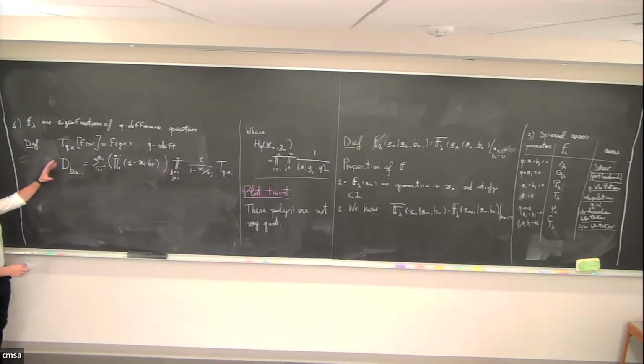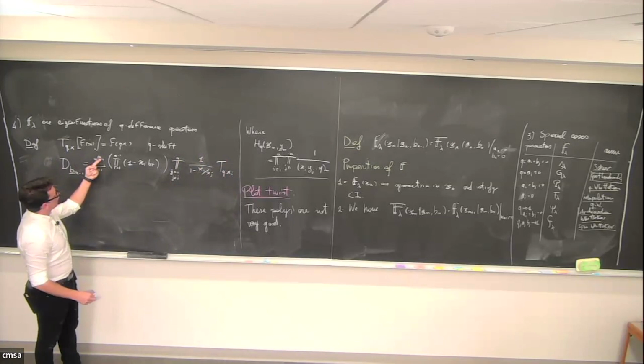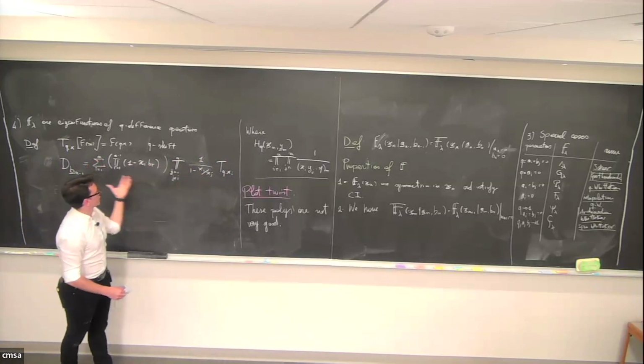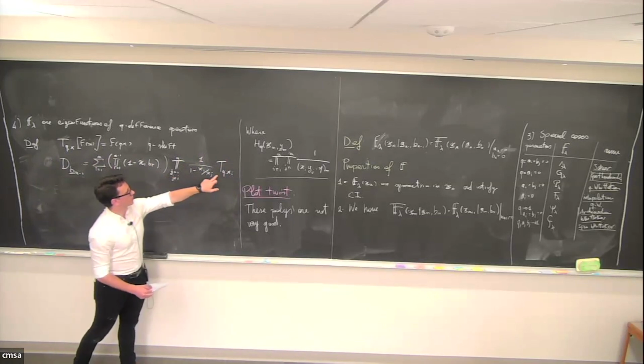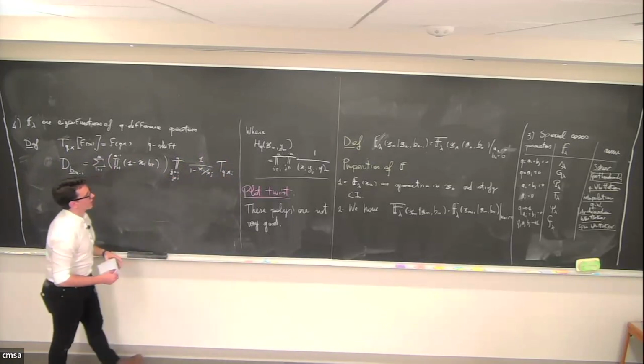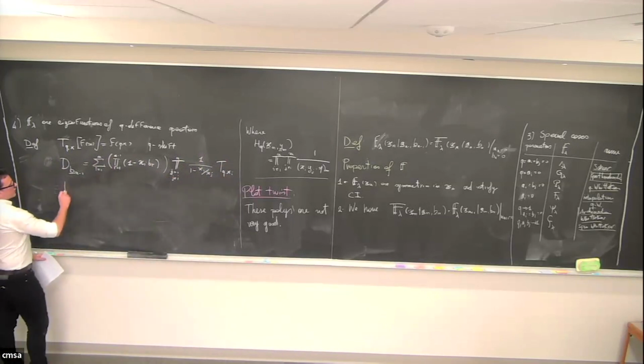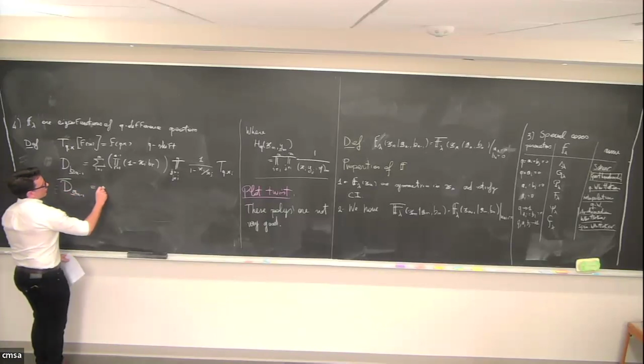So this operator takes a function of n variables and applies the sum. Each of the sums has a product term and a q shift term in the ith variable, and there is another operator which is defined similarly.